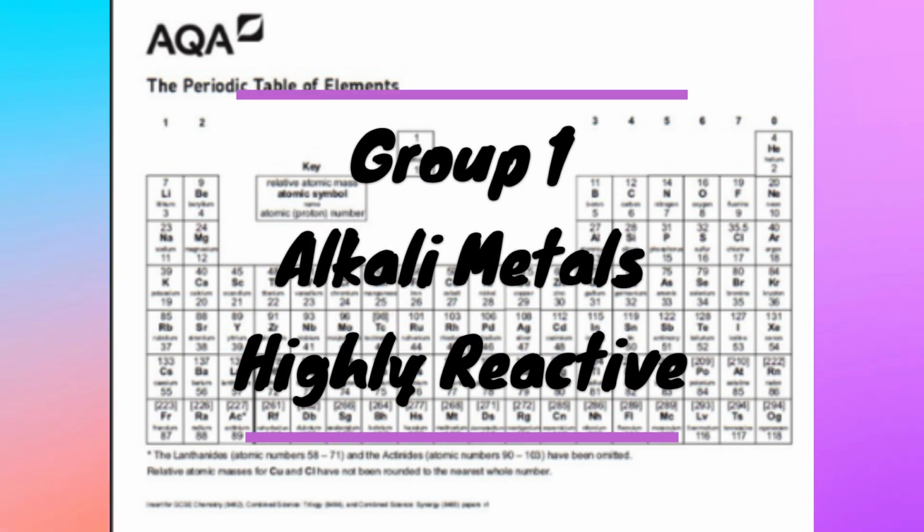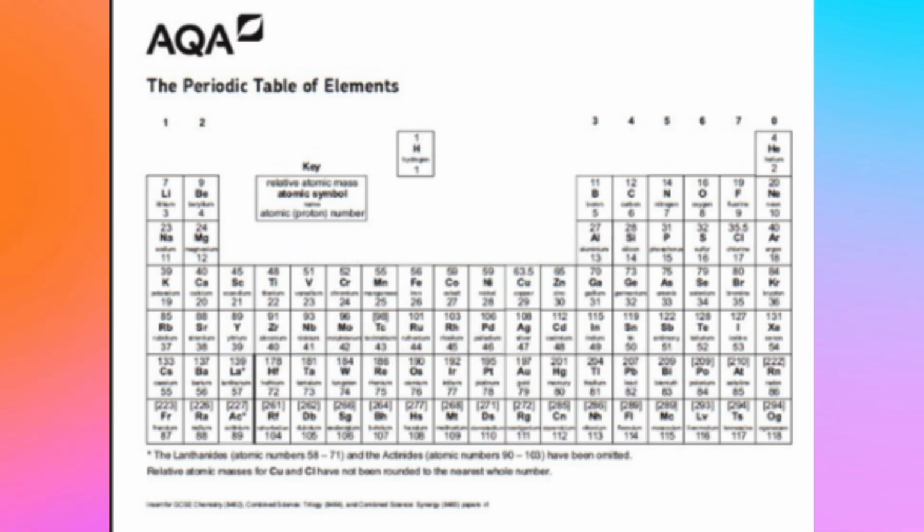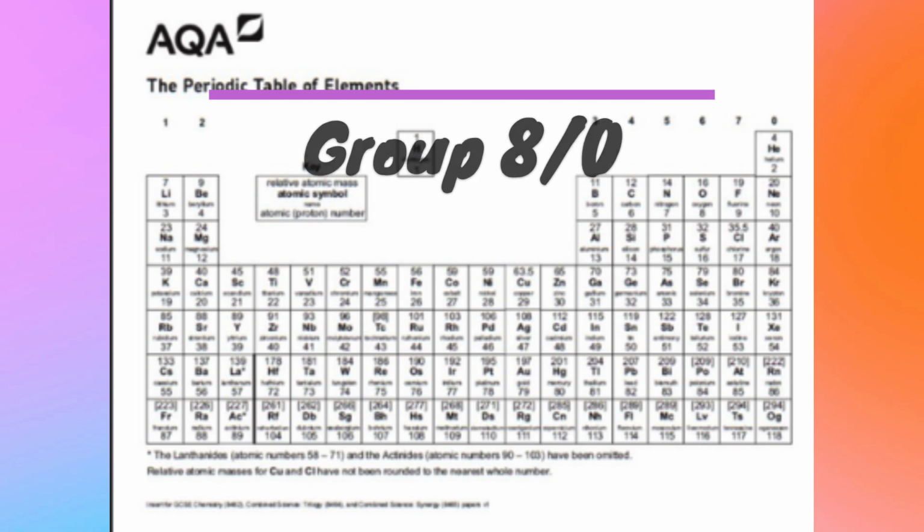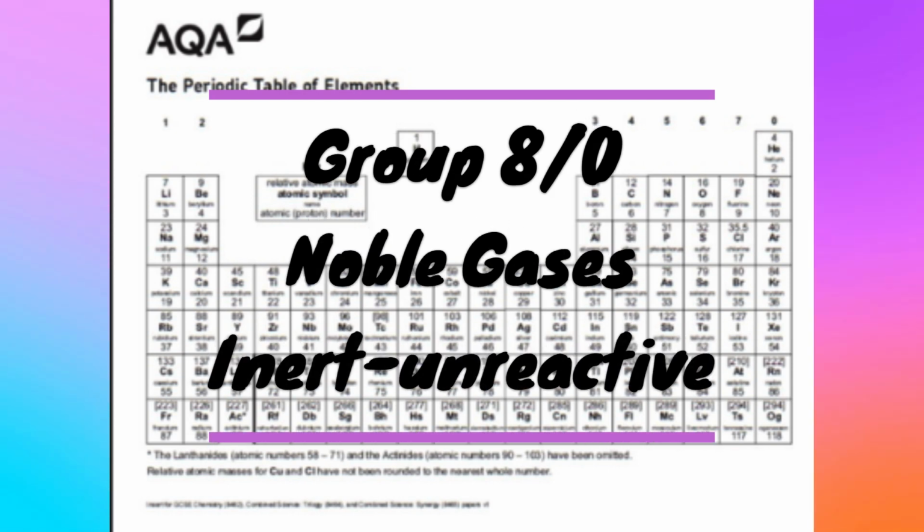It reacts very, very heavily with group 7, which is also very reactive. So group 1 and group 7 are very reactive. And we need to know that group 8, or on our periodic table what is labelled group 0, the noble gases, are very, very unreactive.